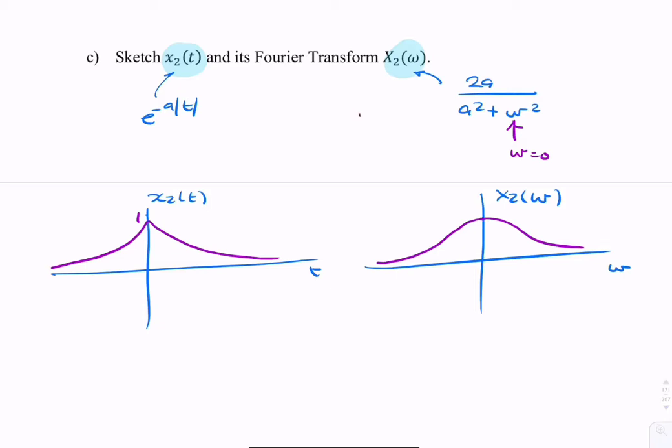So that would give you 2a over a squared plus 0, which is 2 over a. So you'd label this point here 2 over a. So to get the full mark, you would need to label the axes, you would need to indicate that point, and you would need to show the general shape of the spectrum. So that's part C.